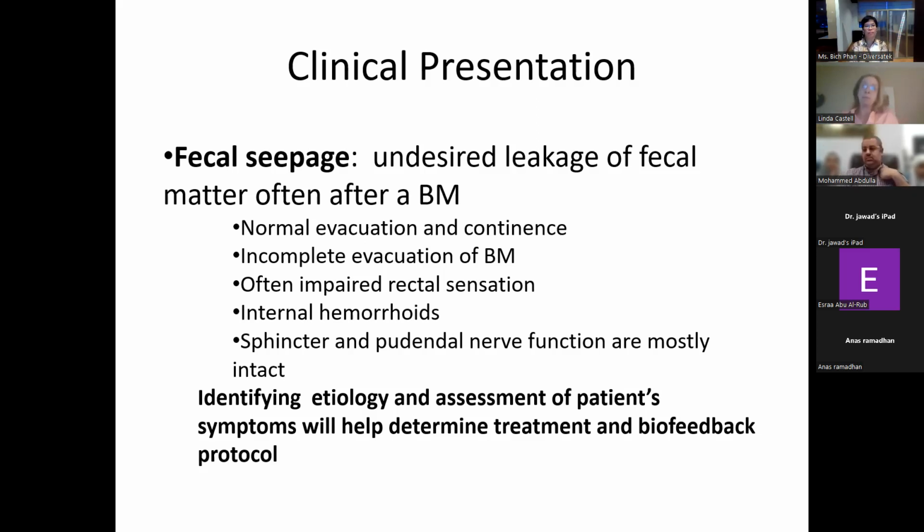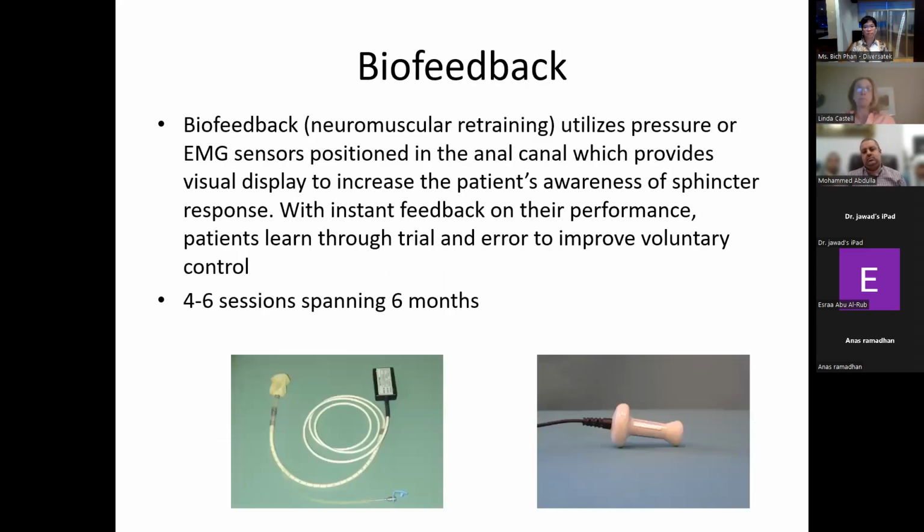Okay, so like I said before, it's really important to look at how these patients are presenting and what factors may be causing their fecal incontinence to help them cure that problem. So one way that we can try to improve their fecal incontinence is with biofeedback.